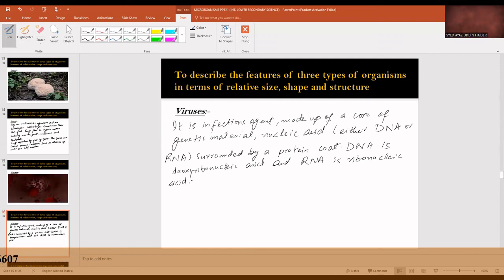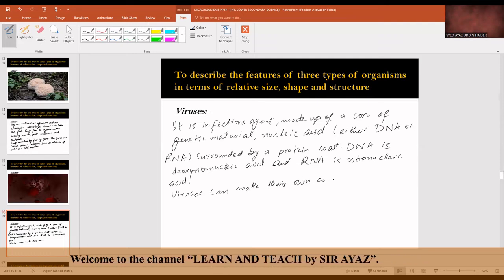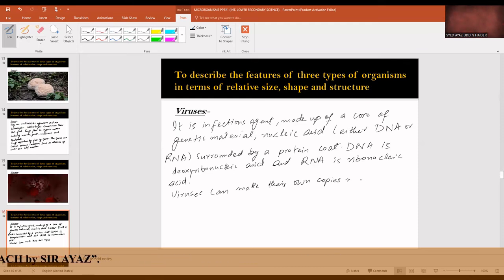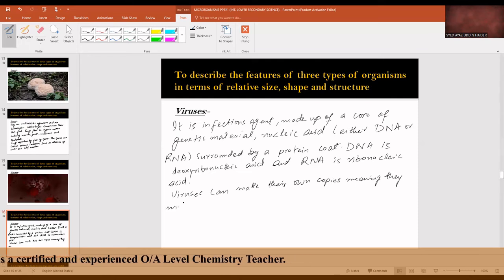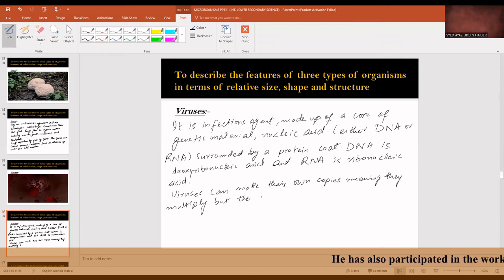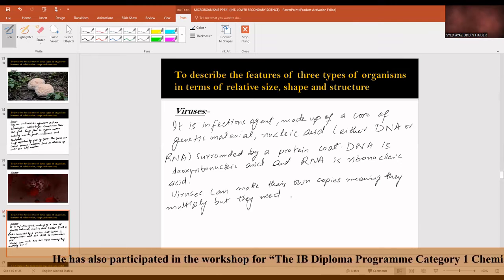Viruses can make their own copies, meaning they multiply, but they need host to survive.